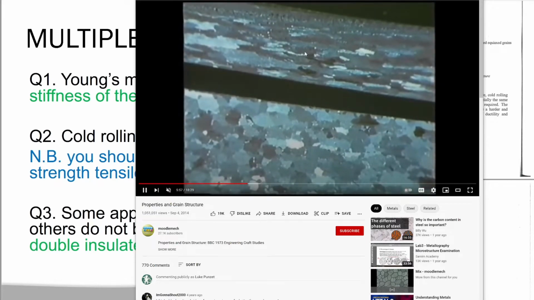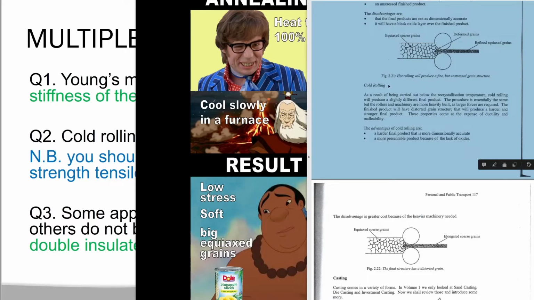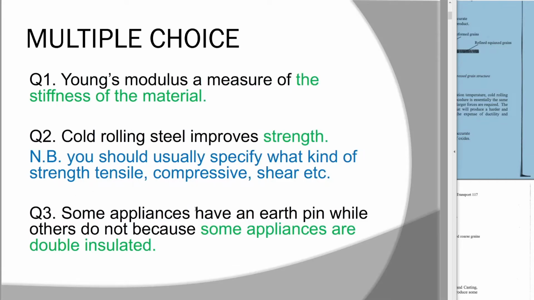Those elongated grains have more stress, but they have less toughness, so that's the payoff. If we want to take away the stress, we can anneal, and that will relax the stress. If we hot roll, it's kind of like annealing at the same time, but it has some downsides. It has some upsides, but it has some downsides.